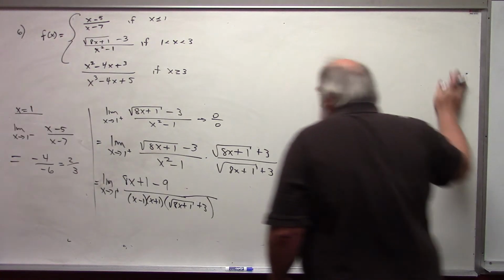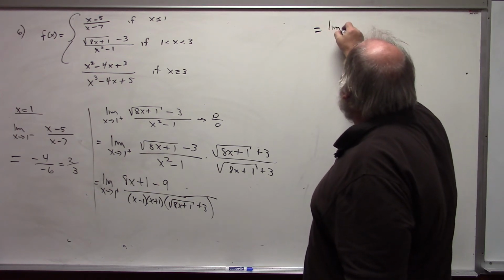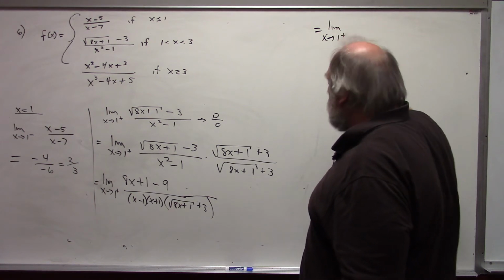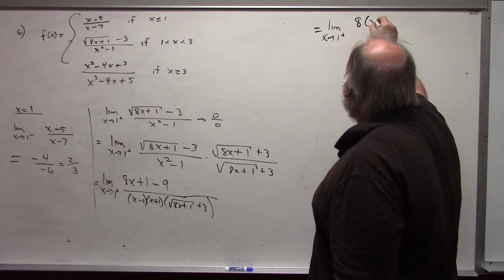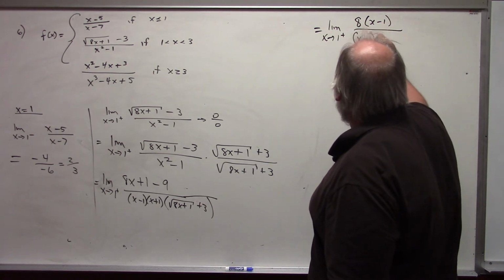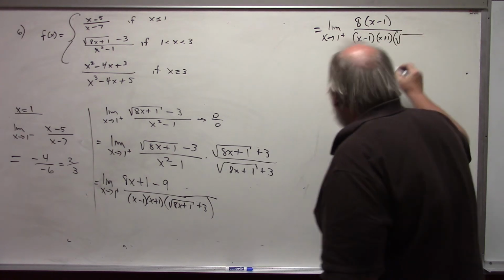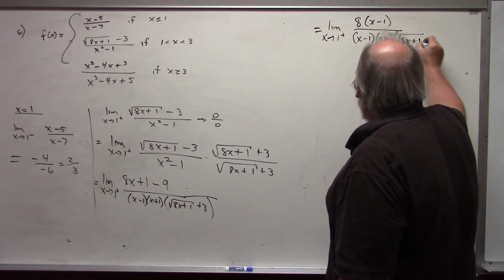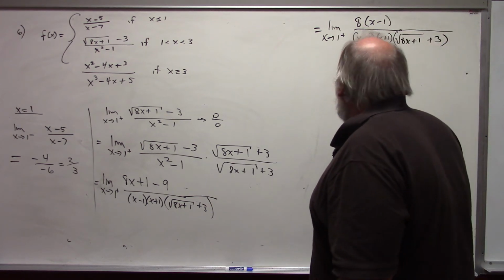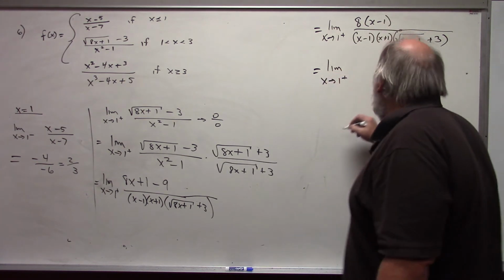My numerator becomes 8x minus 8, and so I'm going to just work with that and factor out the 8. And I'm left with x minus 1. My denominator is already factored. And we'll reduce.